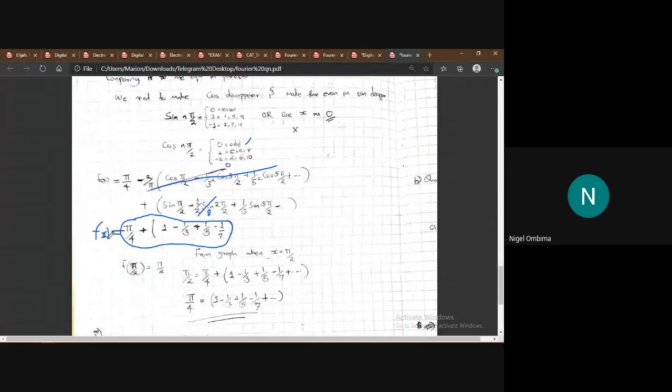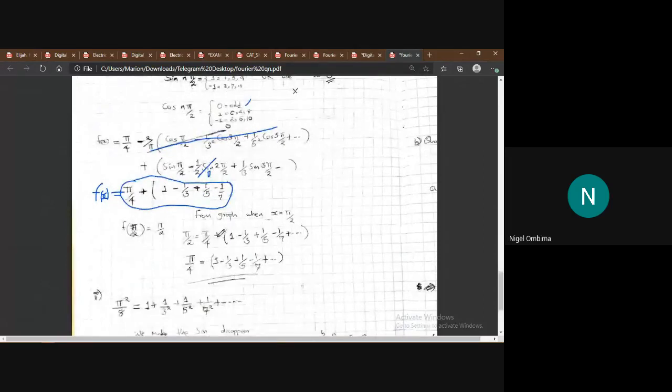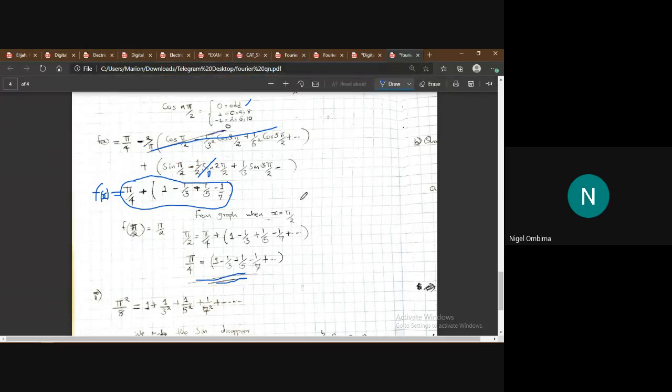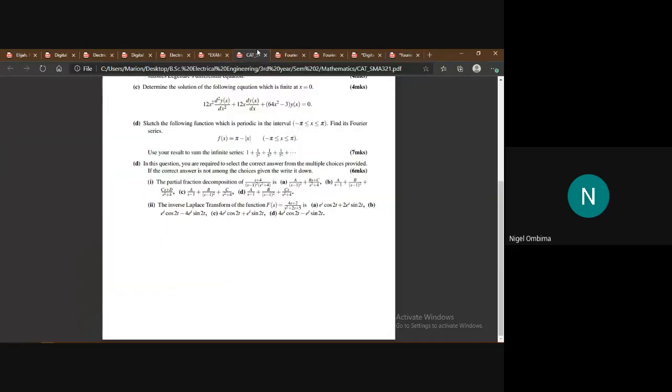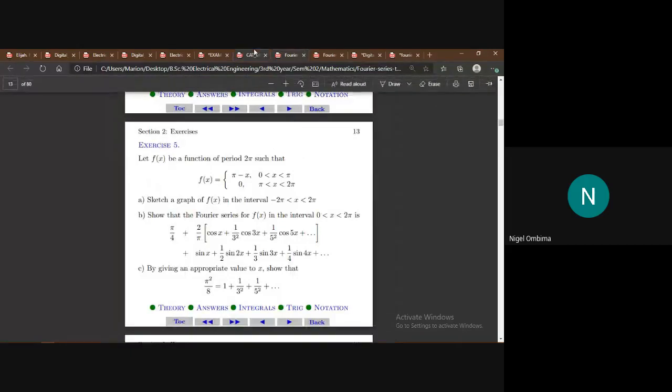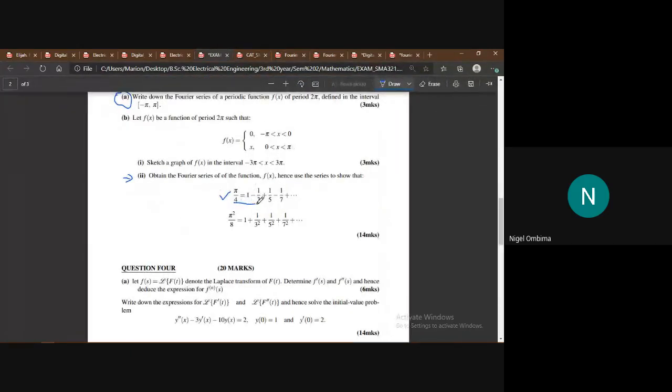So I put f of x as pi over 2 equals pi over 4 plus 1 minus 1 over 3 plus 1 over 5 minus 1 over 7 plus and so on. So our function reduces down to this. Simplification gives this as the answer, and that is what they were asking. Does anyone have a question, or shall we continue to the second one?